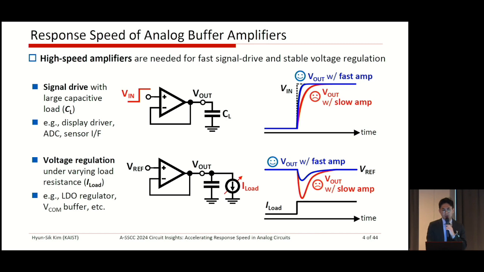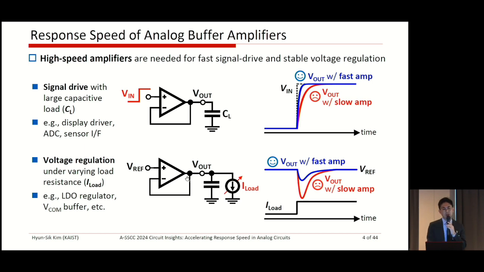Depending on the response speed of this amplifier, you can see the input signal delivered to the load with high speed and low speed. Everyone wishes to deliver the signal very fast, but using a very slow amplifier, the settling time becomes longer. And from the perspective of voltage regulation, when the load current changes, the output side of this amplifier must experience a voltage drop.